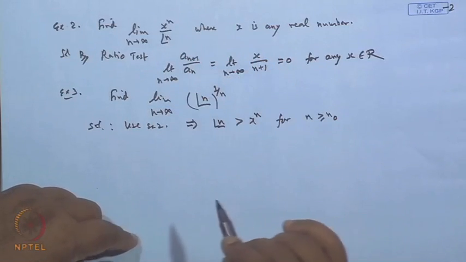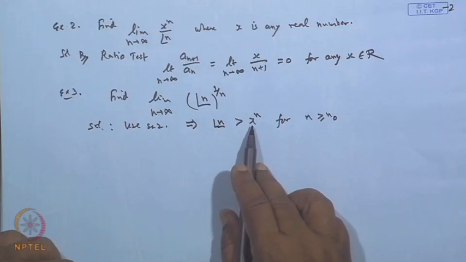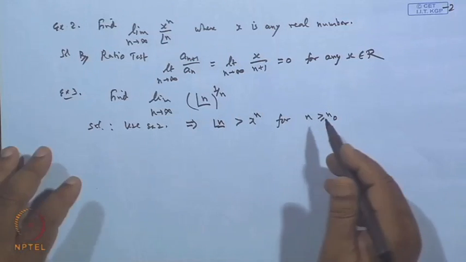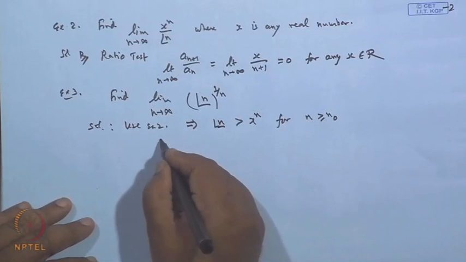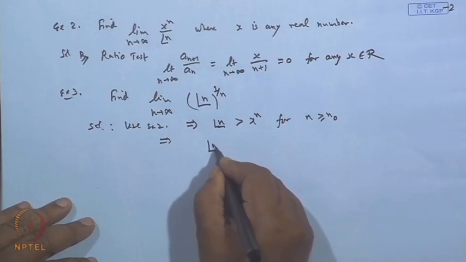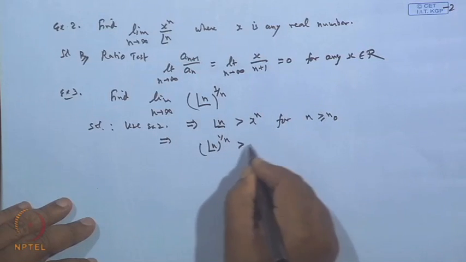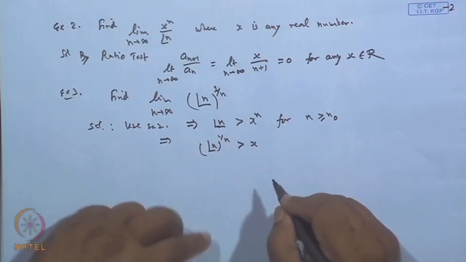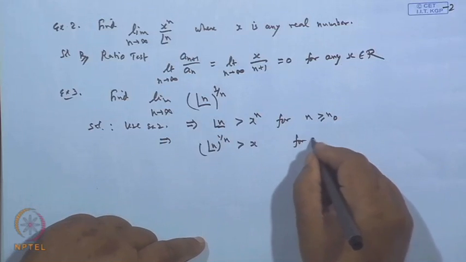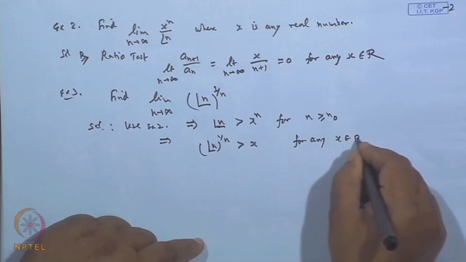Therefore, factorial n will be greater than x after a certain stage, say n greater than n naught. Therefore, factorial n to the power 1 by n will be greater than x, and this is true for any x belonging to R.